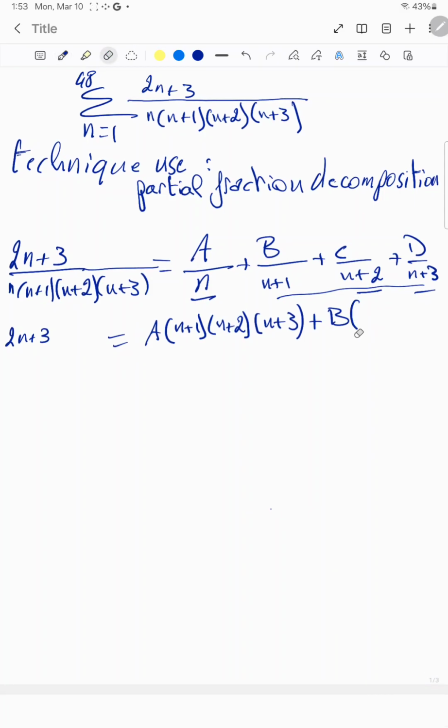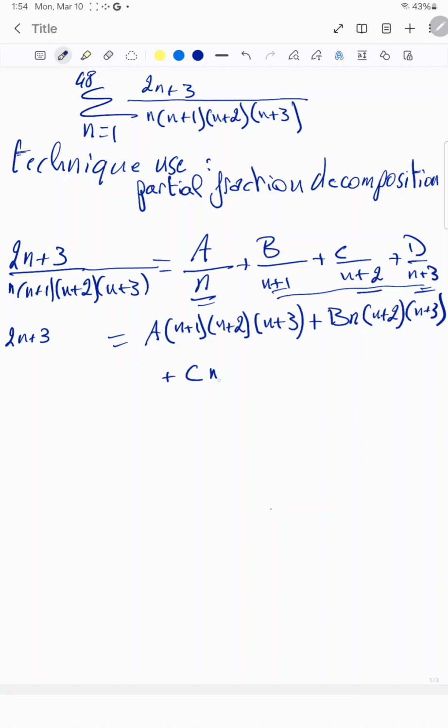Let's put bn times (n + 2) times (n + 3), plus my c, I would have this, that, and that. Because if I take the denominator divided by the common denominator, I will have whatever I have in the second line.